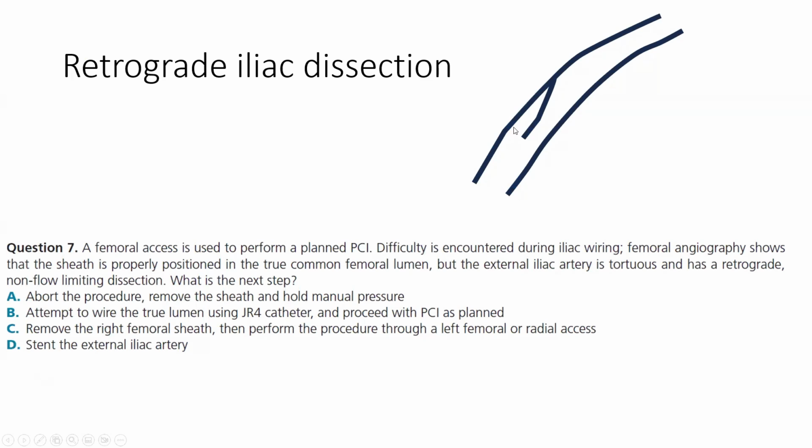Basically, you created a dissection in that iliac artery and you're seeing a flap now. That dissection may be due to your wiring of a tortuous, calcified artery, or potentially to your angiography itself. If you do your femoral angiography via a stiff sheath pointing to the arterial wall, you can create hydraulic dissection.